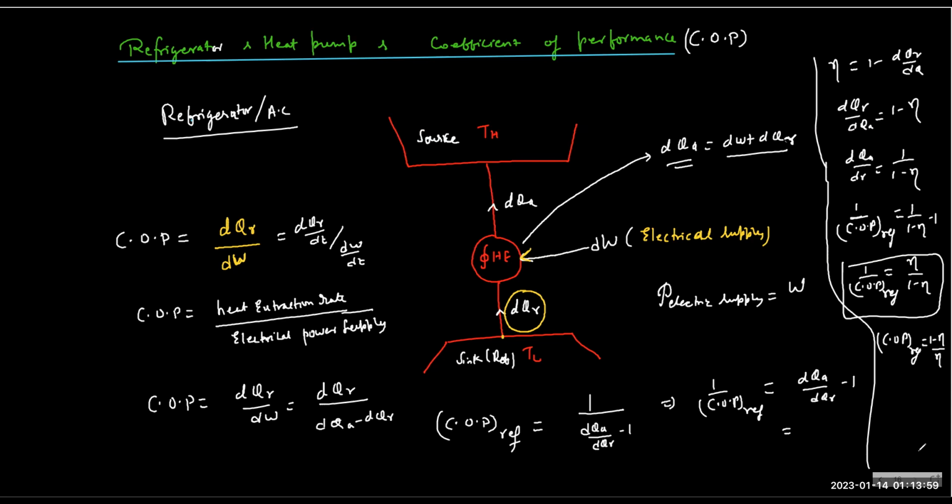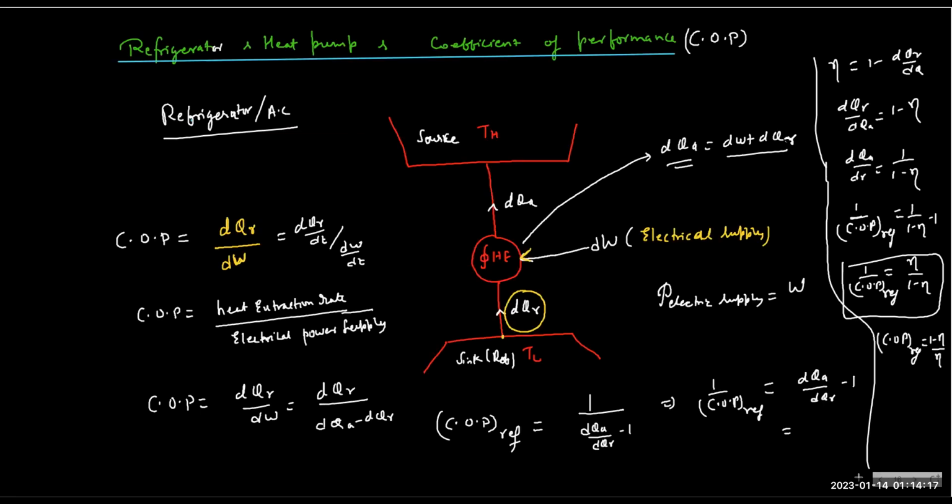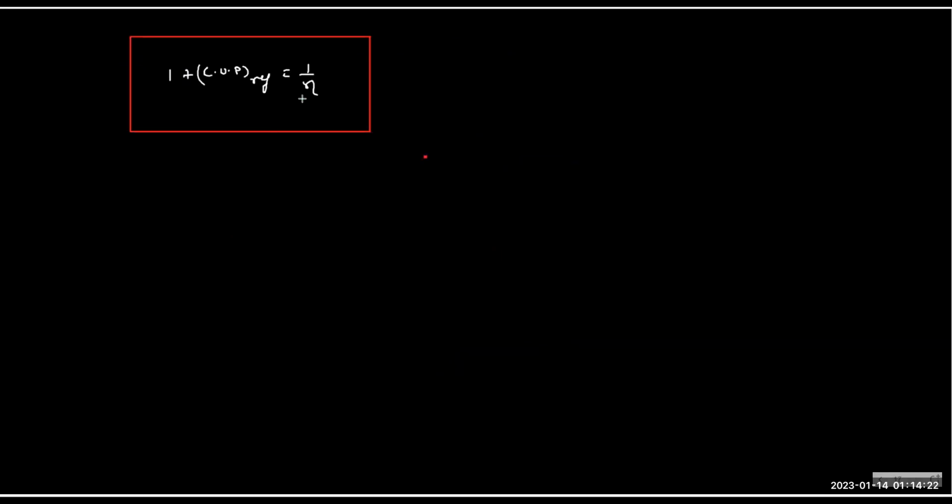So finally I can see the answer is: 1 plus COP of a refrigerator is 1 by eta. This is the answer coming, right? You can check. 1 plus COP of a refrigerator is the inverse of efficiency.